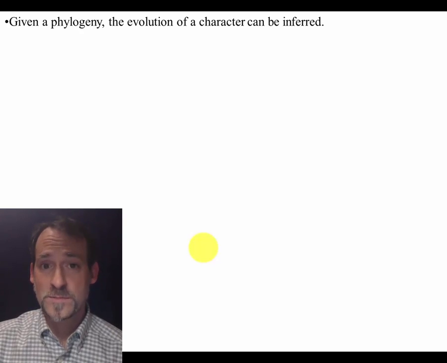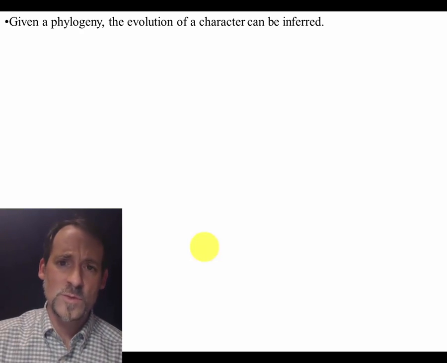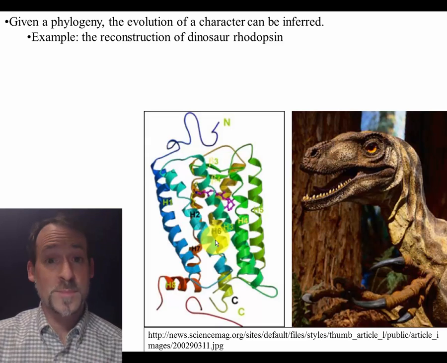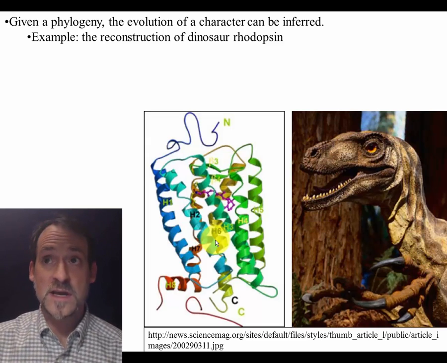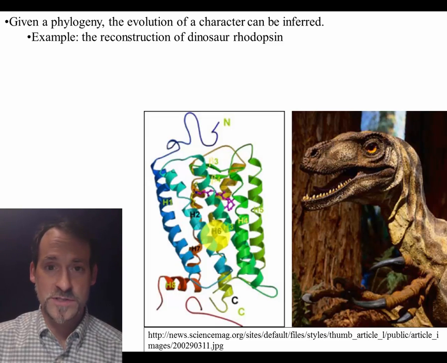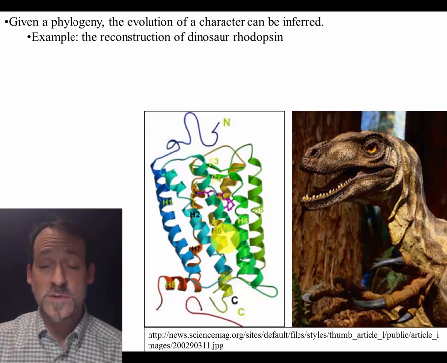So, for example, in a study that came out a few years ago, scientists took the sequence for the rhodopsin gene in living reptiles, including birds. And they reconstructed the genetic sequence.